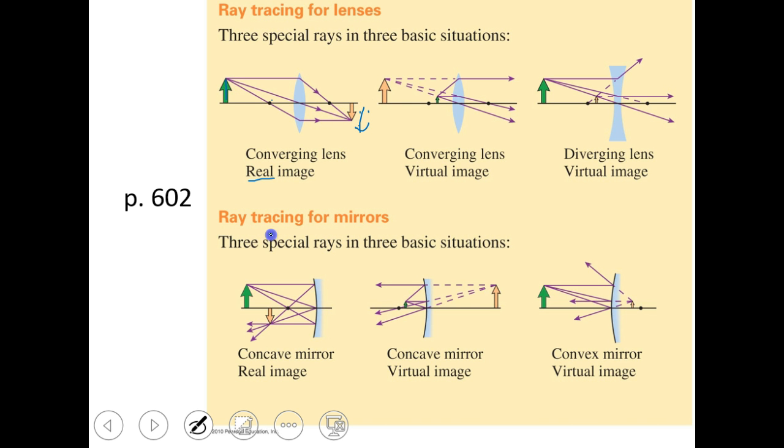And if you get something other than that, you're doing it wrong. If I have a converging lens, but the actual object is inside of the focal point, then I get a virtual image, right? These rays don't actually meet up there, and it is upright, right? And so you can kind of use this as a guide.